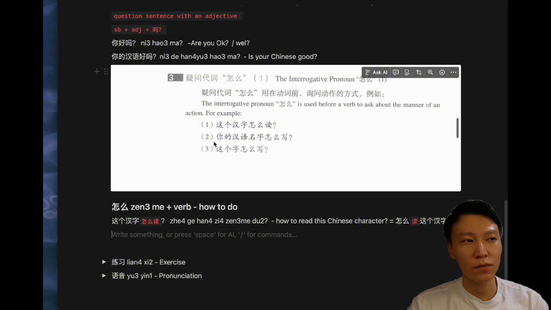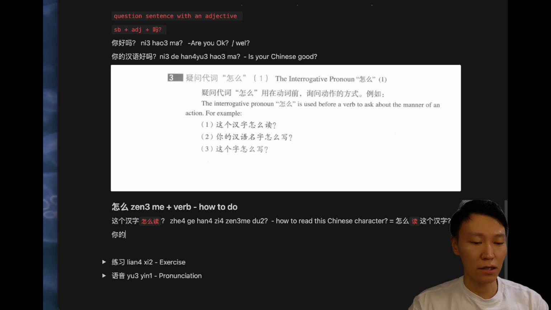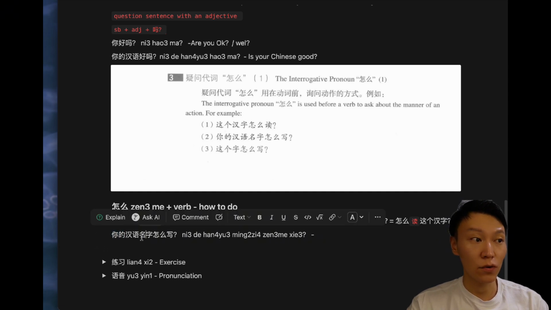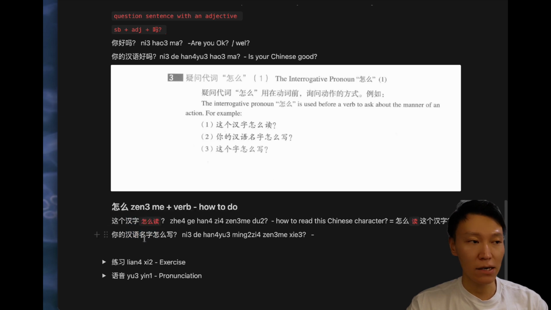Now let's look at the second one. 你的汉语名字怎么写? So here, 你的 means your, 汉语 means Chinese, 名字 means name. 怎么写 is how to write.